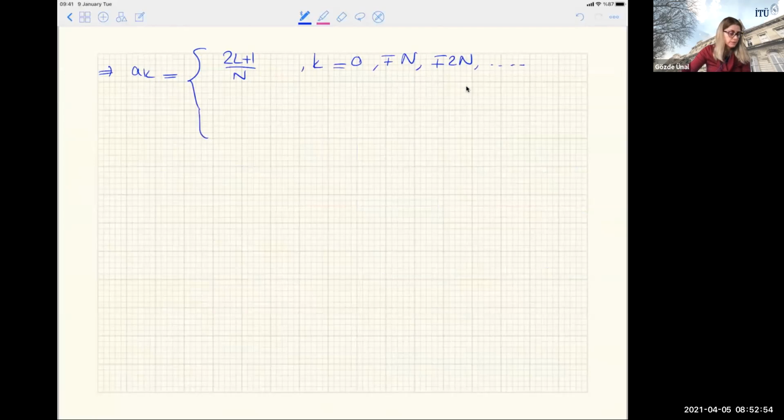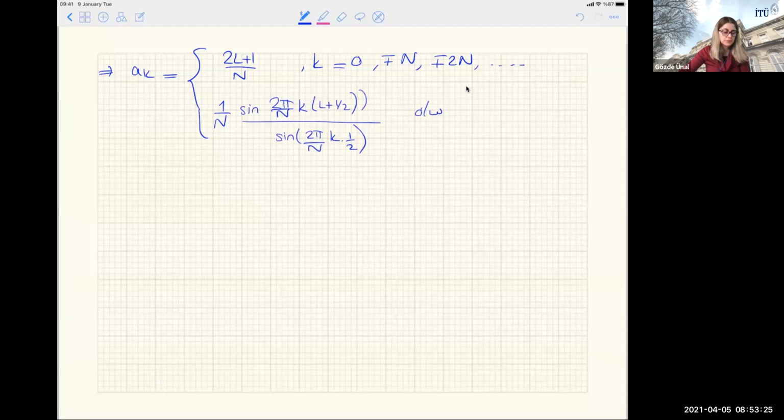Then I have 1 over N sine, you guys can check this, 2 pi over N. I will give you the link to the textbook. This was from a textbook. L plus 1 over 2. You can rearrange this in this way, a little bit of manipulation. Otherwise, it can be written in this way.